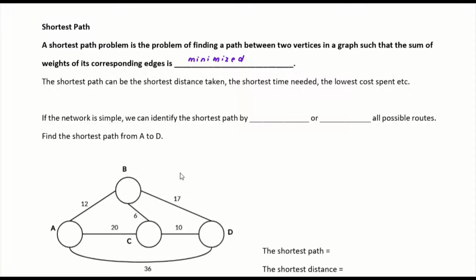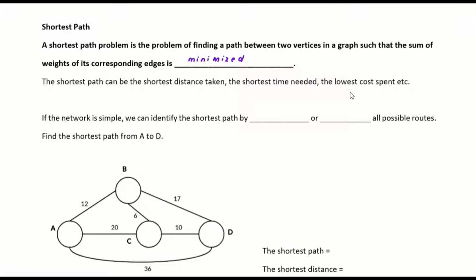So based on the question, the shortest path can be the shortest distance you need to travel from one vertex to another, the shortest time you need to travel from where you depart to where you want to reach, or the lowest cost you want to spend. It depends on the situation given in the question.